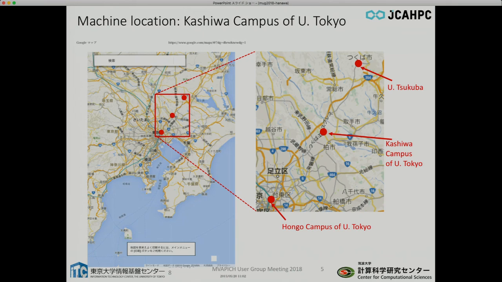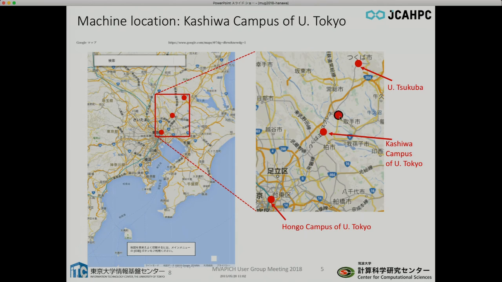The Oakforest-PACS system is located in the Kashiwa campus. Here is the Kanto area of Japan, and this point is the Tokyo area. The headquarters of the University of Tokyo is located here, and here is the University of Tsukuba.